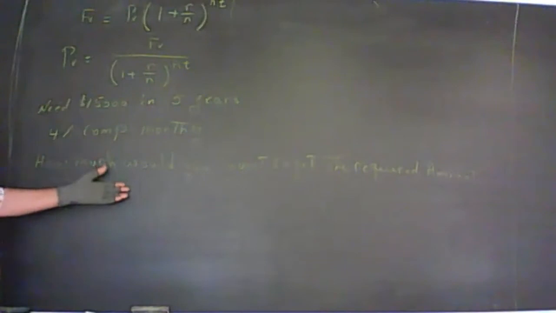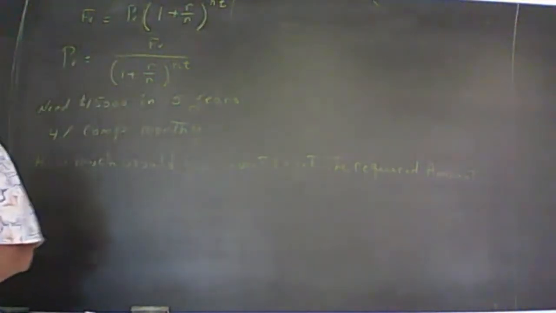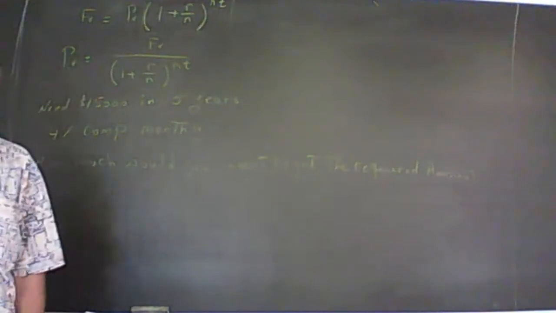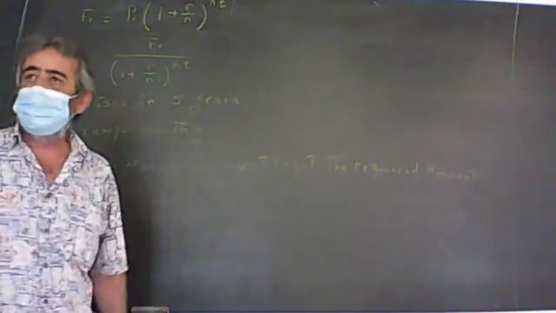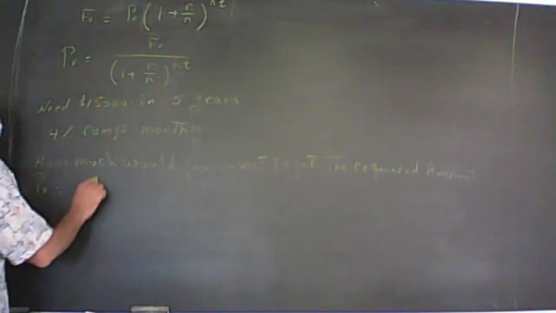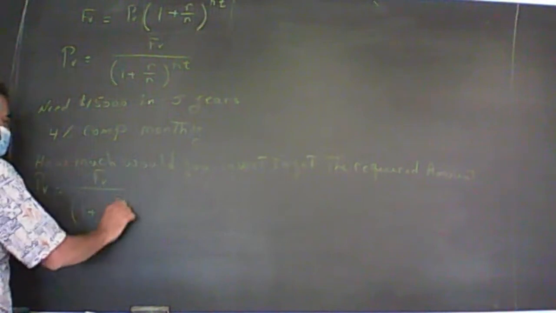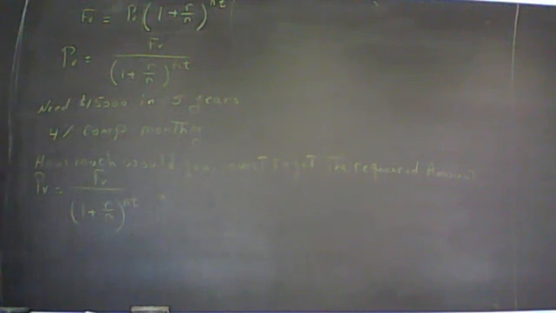Well, the required amount, I'm going to invest it today, right? So that's your present value for the money you're going to be getting in the future. You invest it today and get it back in the future. So the present value is equal to the future value divided by (1 plus R over N) to the power NT. I can substitute those numbers to figure out how much I should invest today.